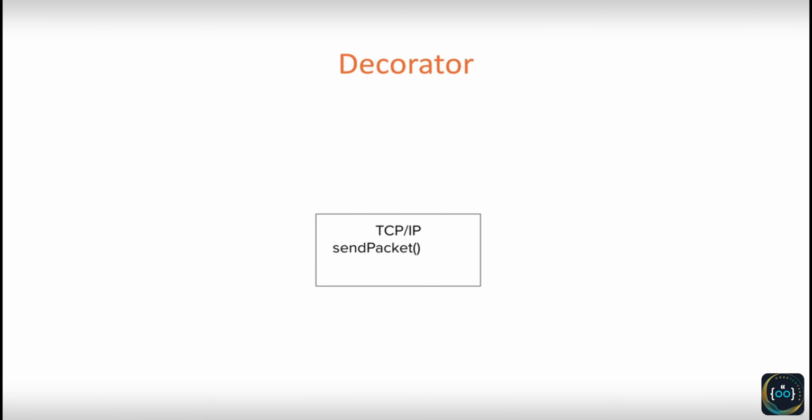So changing existing behavior that is present in the class, but we want to update it for our current purposes. To give you a quick theoretical example, we can imagine here we have a network communication system where we have a lower layer TCP/IP communication protocol. Let's say, as an example, that TCP/IP protocol has a send packet functionality. That send packet functionality will not be enough for the purposes of our application.